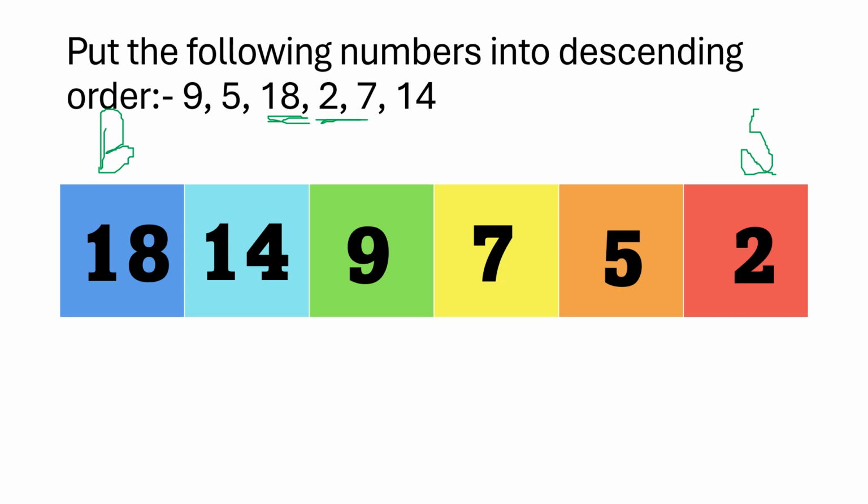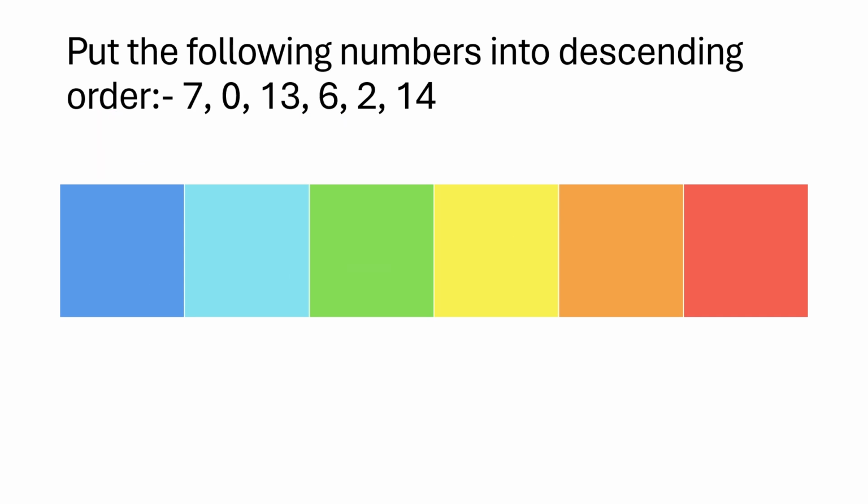Now let's take another set of numbers. Alright, so we have cleared our tables and we have the new set of numbers. So we have 7, 0, 13, 6, 2 and 14. Oh, this set is very easy, right? So our biggest number over here is 14 and the blue represents the bigger one.